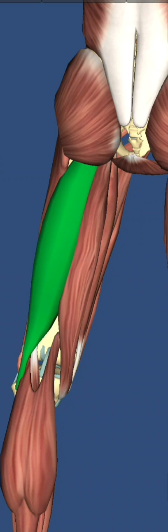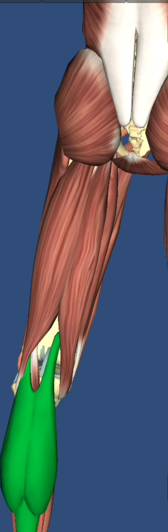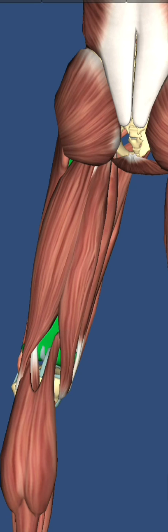Now, there's something important at the back of the thigh, known as the popliteal fossa. The popliteal fossa is located just at the back of the knee here.